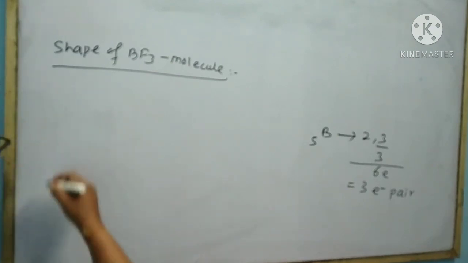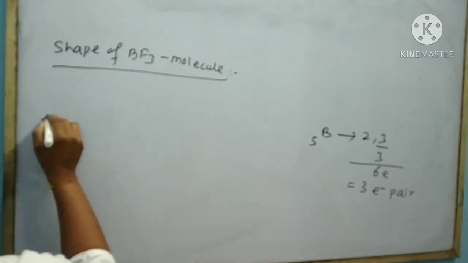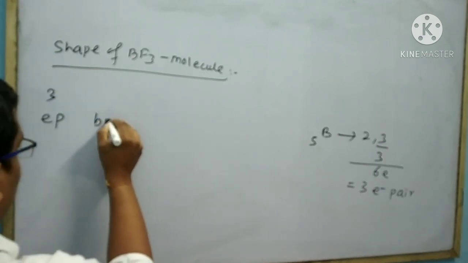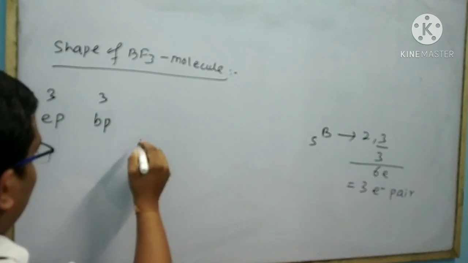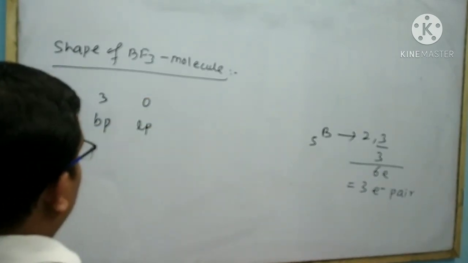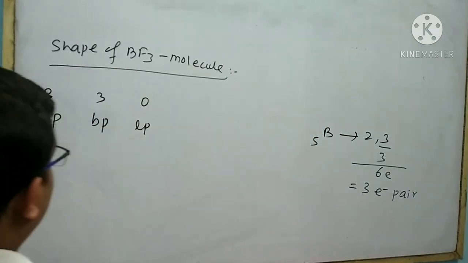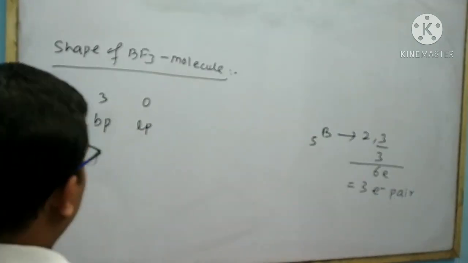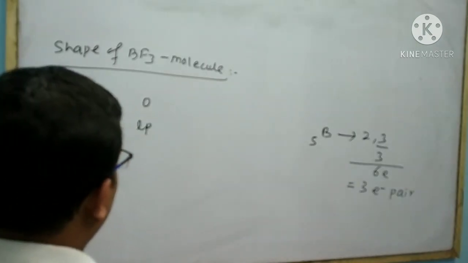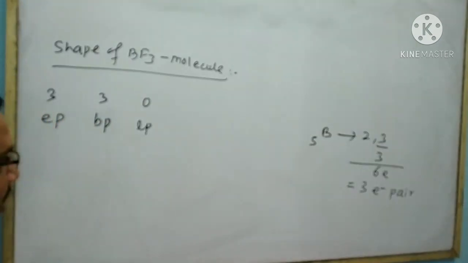That means there are 3 electron pairs, all 3 bond pairs, and there is no lone pair. So the geometry of BF3 molecule is trigonal planar, and the shape of BF3 molecule is also trigonal planar.